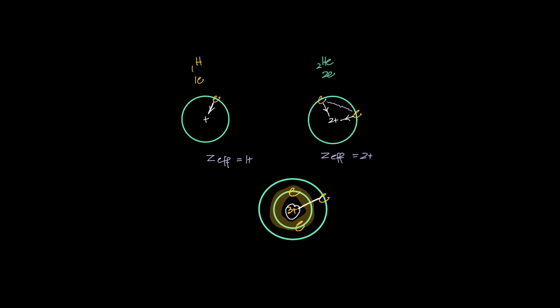In lithium, even though it's a 3 plus charge, the electrons in the 2s are being shielded by the 1s electrons. The repulsion from inner shells is much stronger. So the nuclear charge is 3, but we subtract the inner shell electrons to get an approximate effective nuclear charge of 1 plus.